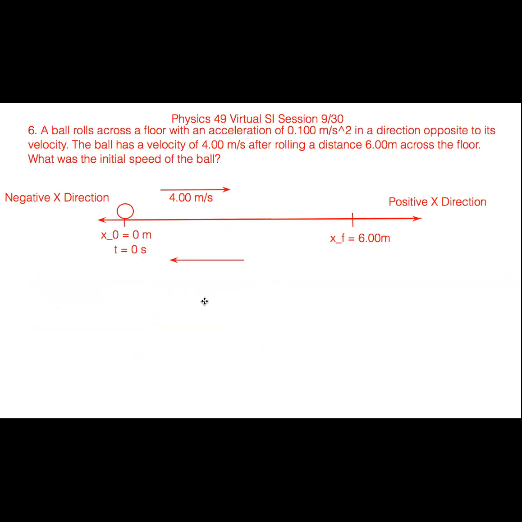So what does this do to the ball essentially in terms of its motion? If you have a velocity going one direction and acceleration going the other, what is the ball going to do? Speed up or slow down?